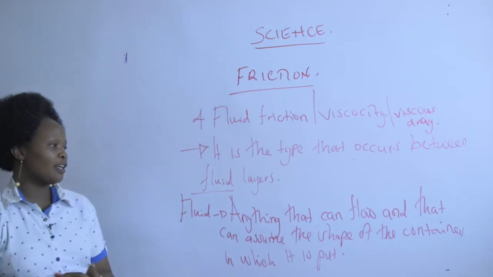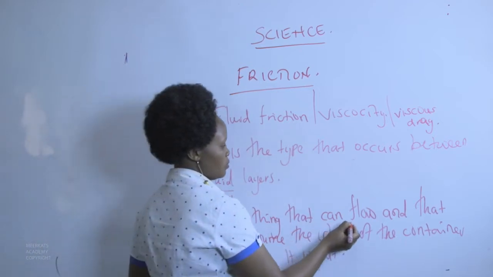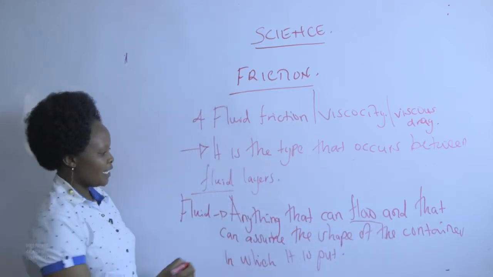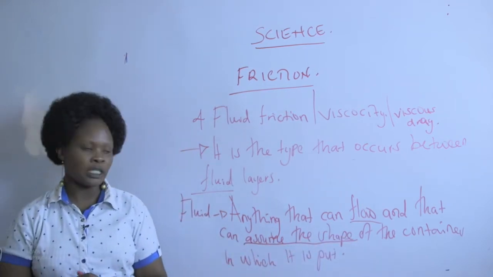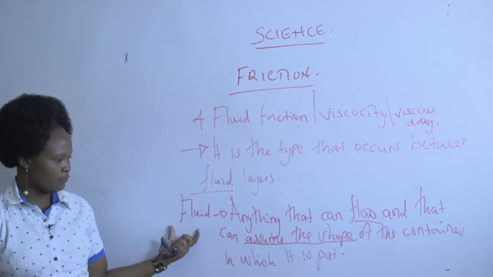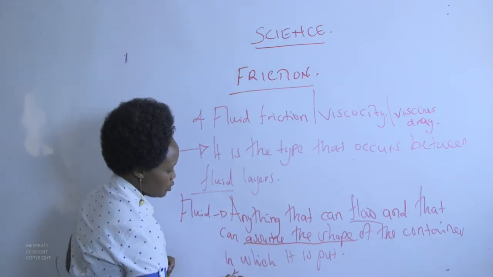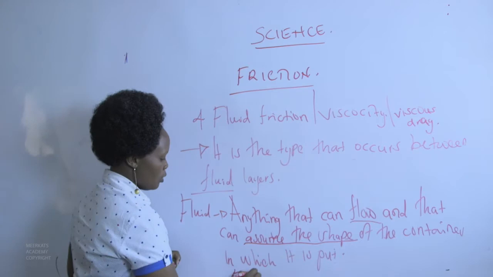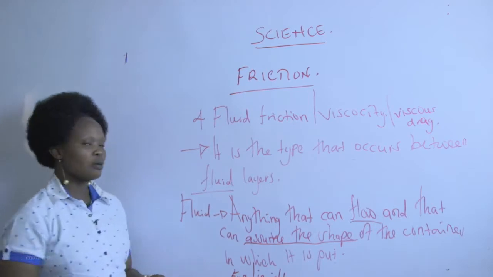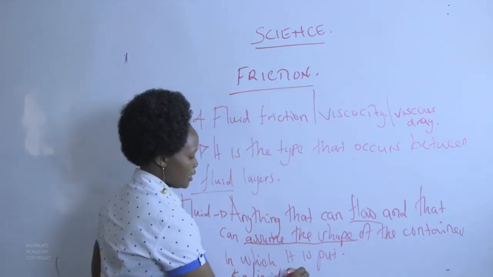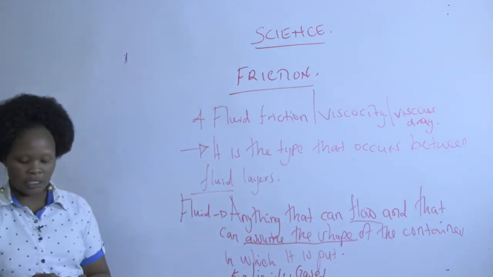Anything that you can think of that can flow and that can take up the shape of the container in which it is put is what we call a fluid. And in this category, we have two types of fluids. One which we call the liquids, you can give examples of liquids, and gases. Gases are also classified as fluids.